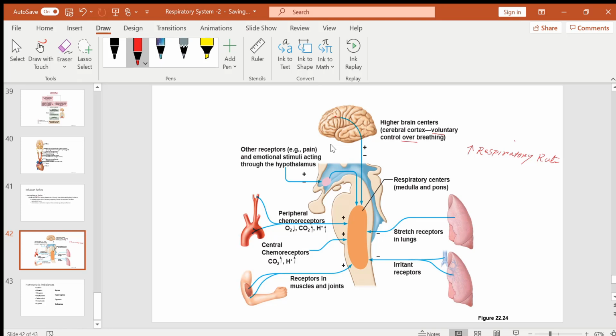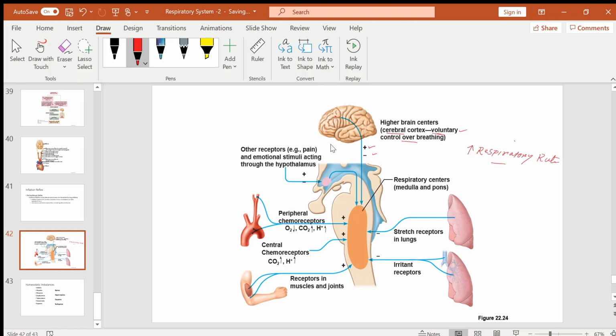If I ask you to slow down your respiration, you can do that. If I ask you to stop, you can do that, right? So in the cerebral cortex, you have a voluntary center, and you can use it to voluntarily control the breathing. So that could be positive or negative. That means you can increase or decrease. It's up to you.